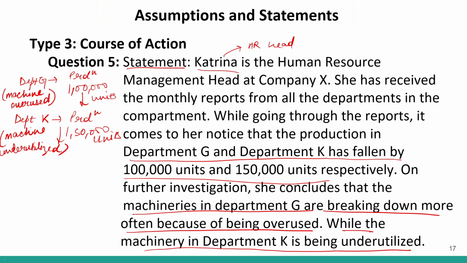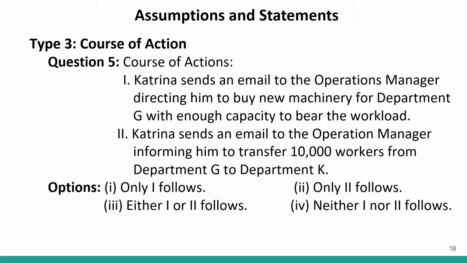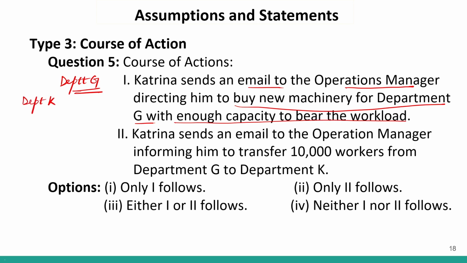Now let us look at what would be the appropriate course of action. Course of action number 1: Katrina sends an email to the operations manager directing him to buy new machinery for department G with enough capacity to bear the workload. This is a correct course of action for department G, but it does not cater to department K's problem, right?